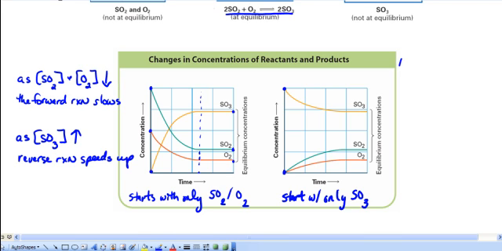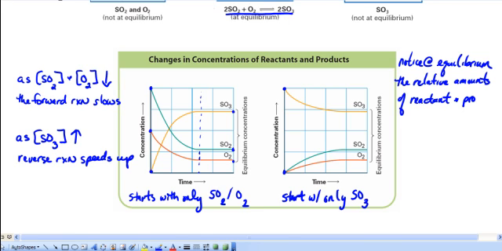Also notice, and this is something that's noteworthy to write down, that at equilibrium, the relative amounts of reactant and product are the same regardless of the original condition.